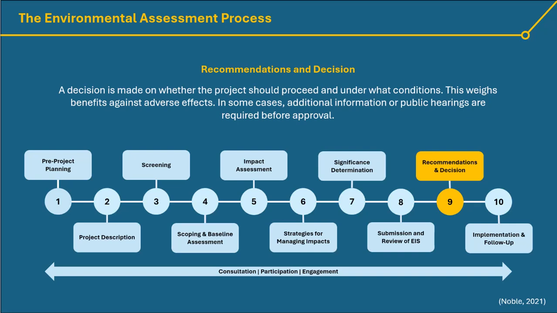And if you think about it, this opens the door for political considerations to override technical ones here. For example, a project might be recommended against, but still approved due to perceived economic benefits or political pressure.